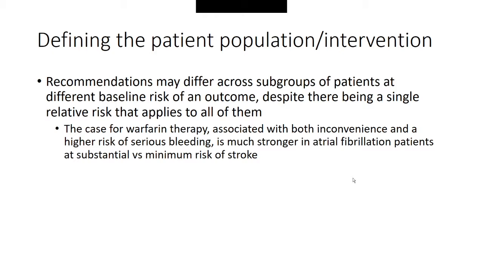However, it's much stronger in atrial fibrillation patients who have substantial risk of stroke versus minimal risk of stroke. And again, the solution here is to be very clear in your population. If there is a different baseline risk of an outcome, define different PICO questions. One would be in atrial fibrillation patients at substantial risk of stroke, another atrial fibrillation patients at minimum risk of stroke.